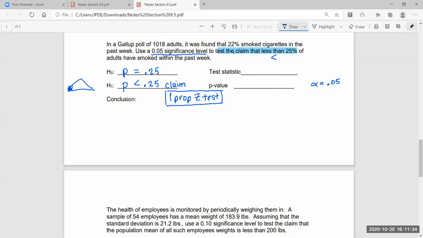Okay, so let me just write those values in case you didn't transfer them over. I like to have it all in here. And this was 0.0136, which was less than 0.05, and so we did our reject. And we said it supports the claim. So again, there's a lot of steps to these.